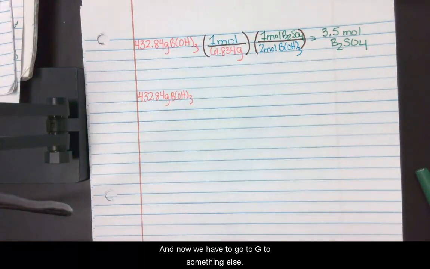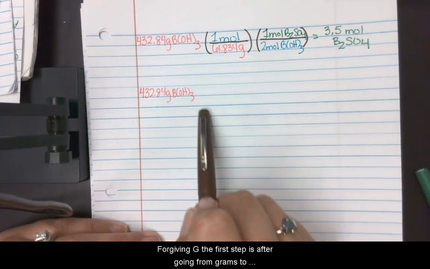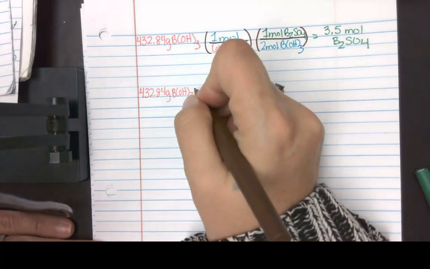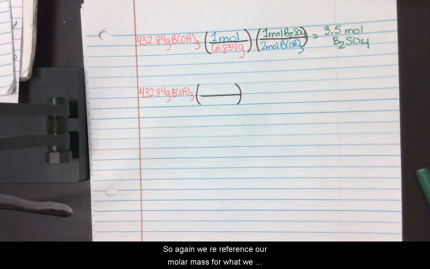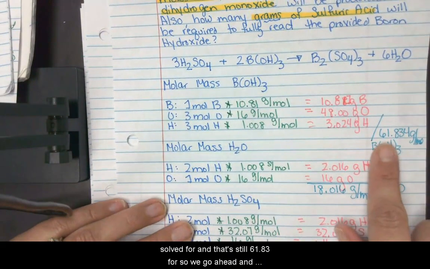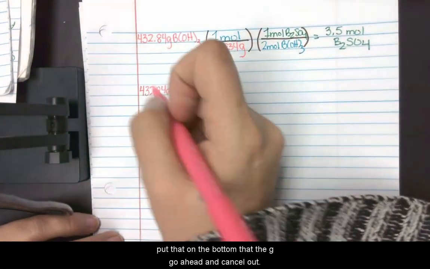And now we have to go to grams of something else. But if we're given grams, the first step is going from grams to moles. So this is where we use molar mass. So again, we re-reference our molar mass from what we solved for, and that's still 61.834. So we put that on the bottom so that the grams cancel out.